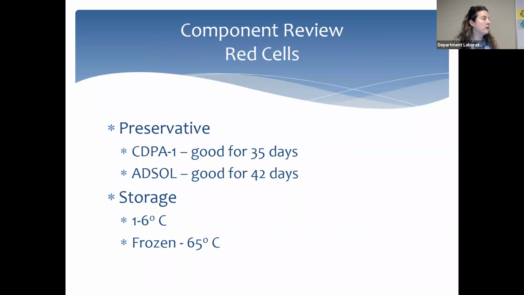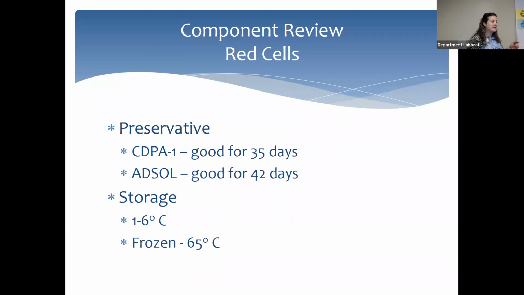All right, and the next few slides are just review, okay? All of the expiration times that we have gone over and you guys need to know, all right? For red cells, remember it is dependent upon the anticoagulant or preservative added. So if you had CPDA-1 added, that is 35 days.